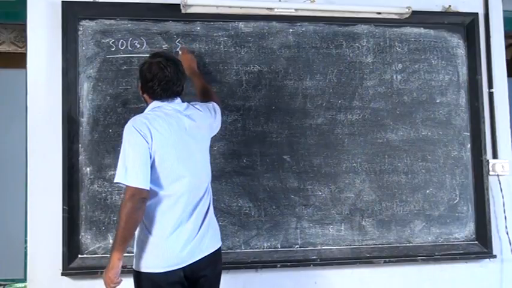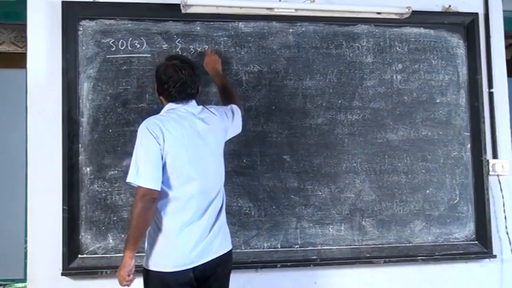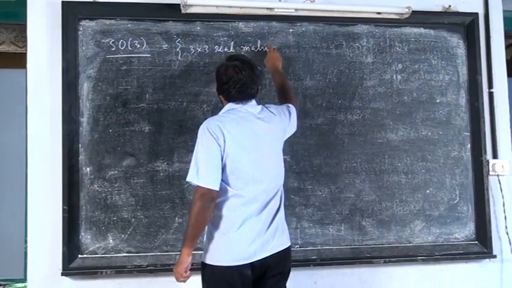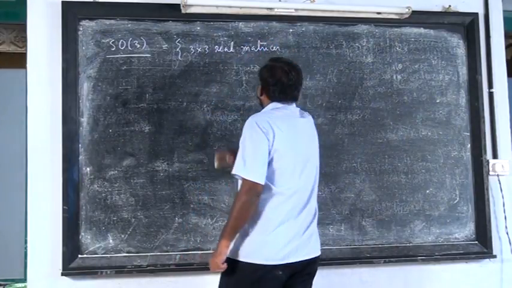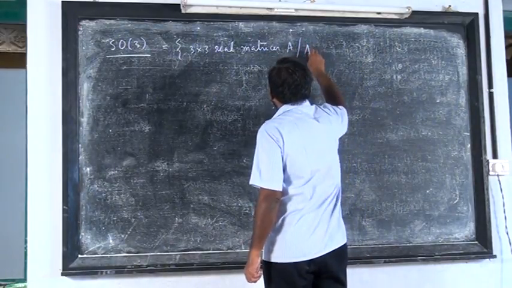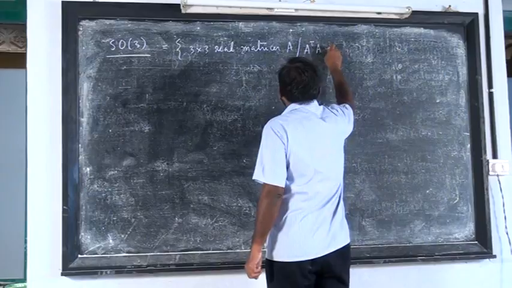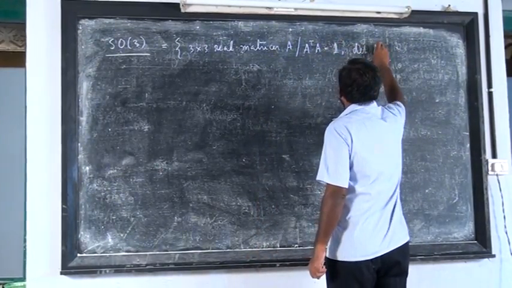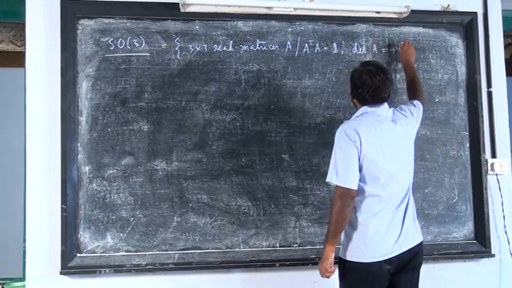So this is 3 by 3 real matrices A such that A transpose A is equal to identity and determinant of A is equal to plus 1.